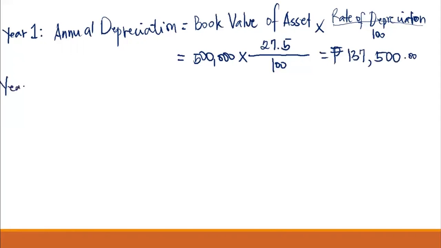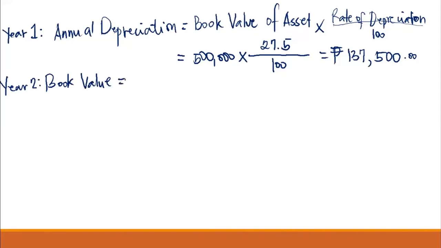How about sa year 2? Kukunin natin lahat hanggang aabot sa year 5. Kasi nga, aabot lang daw ng 5 taon yung machine na pinurchase ng manufacturing company ng sabon. Okay? Alright. So, sa year 2, we have the book value. Okay?